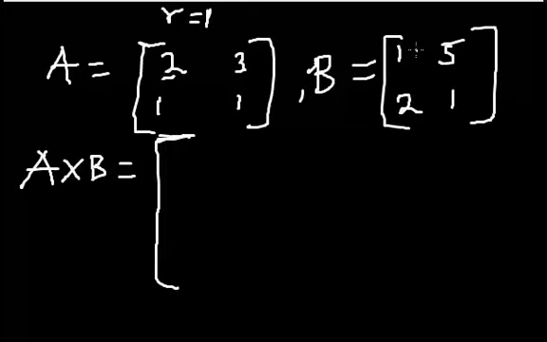So now look at how it goes. Remember, it's always row against column. That's going to be 2 times 1, then the second element, 3 times 2.